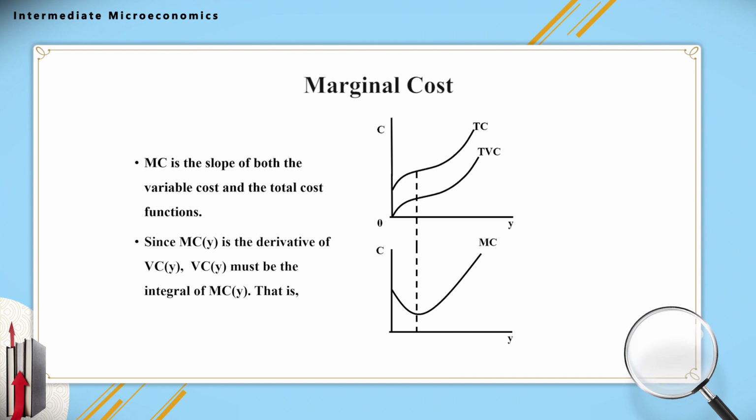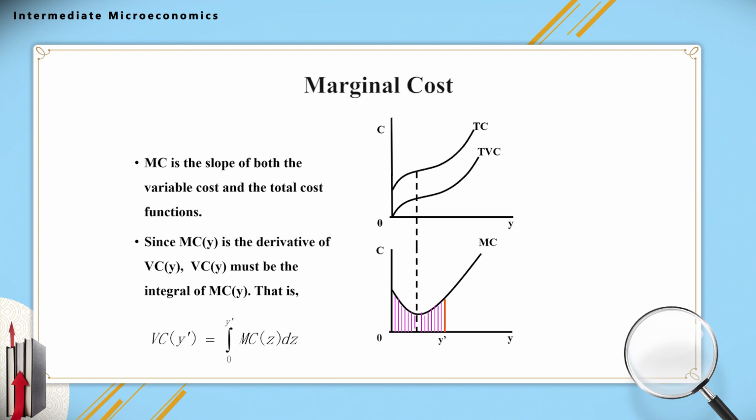As shown in the figure, at any output level y prime, the shaded area below the marginal cost curve represents the sum of cost increase incurred during the process of increasing production from 0 to y prime, which is the total variable cost of producing y prime units of output.